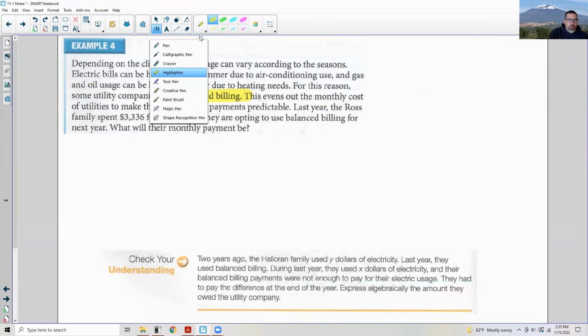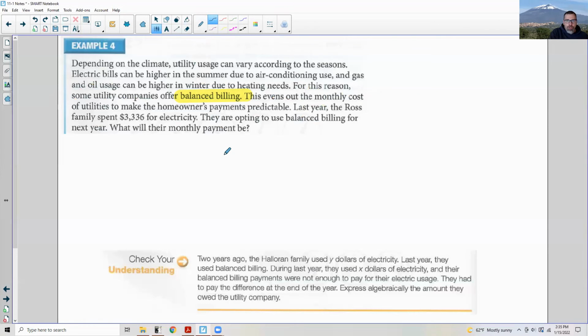Okay, so in other words, what they're saying is if you spend $200 a month on electricity in June, July, and August because you're using air conditioning, and then your electric bill decreases because you're no longer using the AC, and then you only have $20 or $30 a month payments.